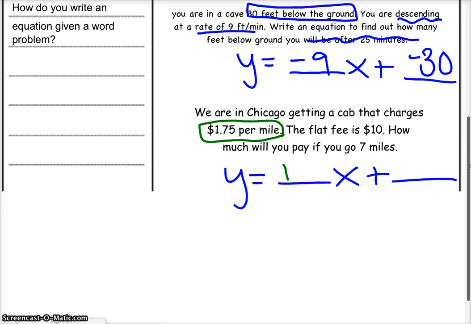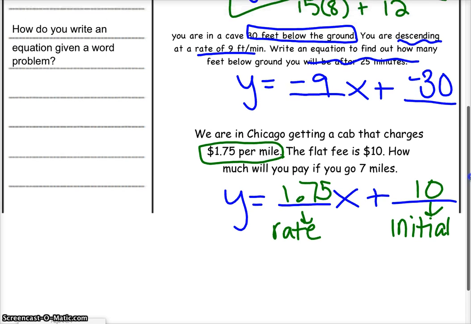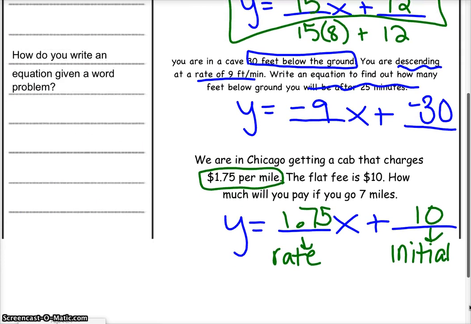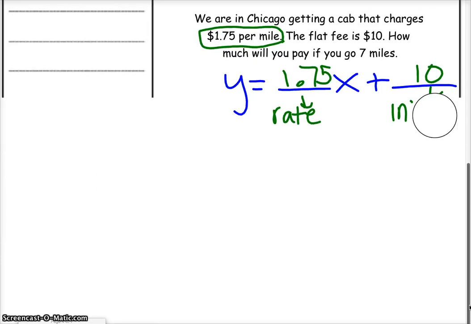So my rate is $1.75. How much do they charge me at first? Yep. So rate plus initial. Initial, or what did I say before? Starting, yeah. So rate plus what it starts at.